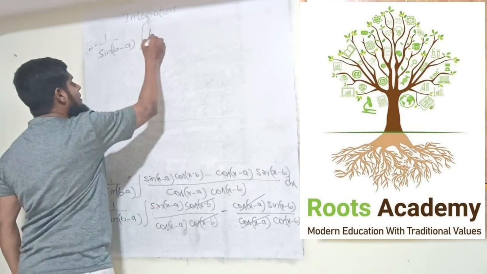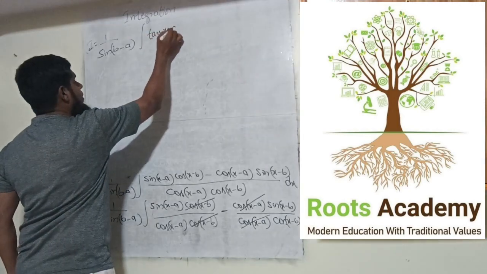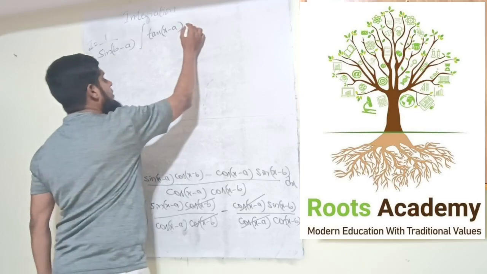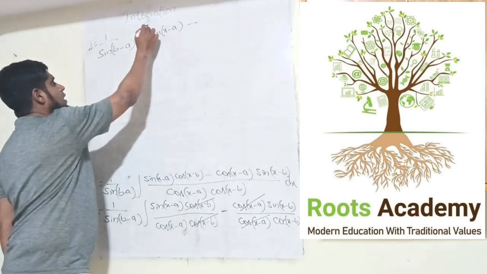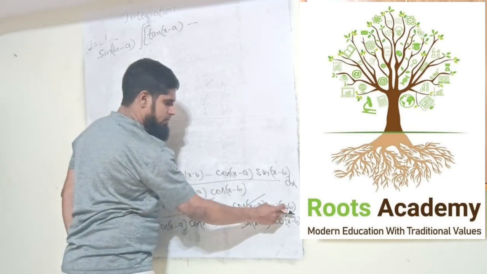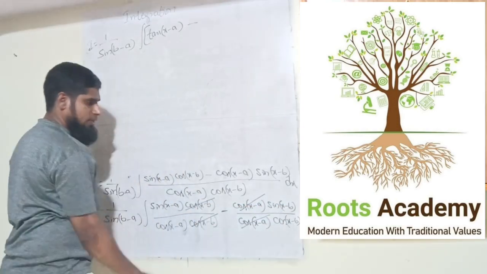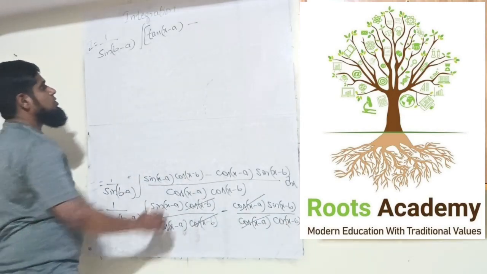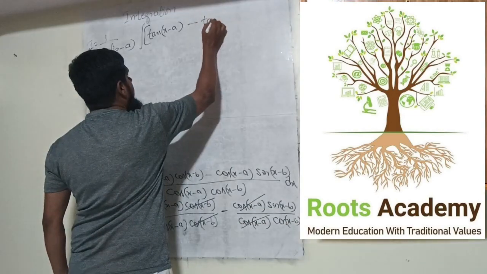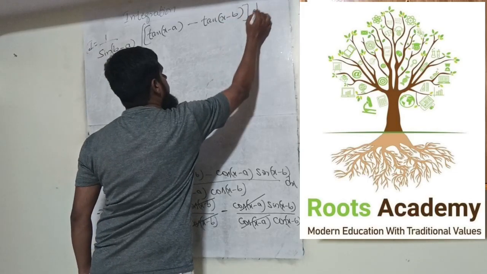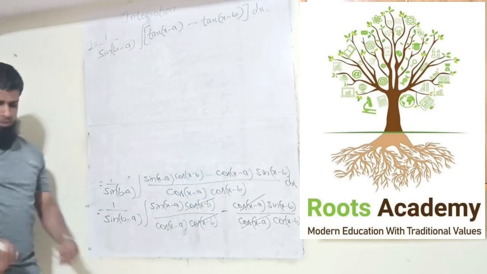So sine by cos is tan x minus a, minus, I'll use a bracket here, sin x minus b by cos x minus b is left out. So it is tan of x minus b into dx.